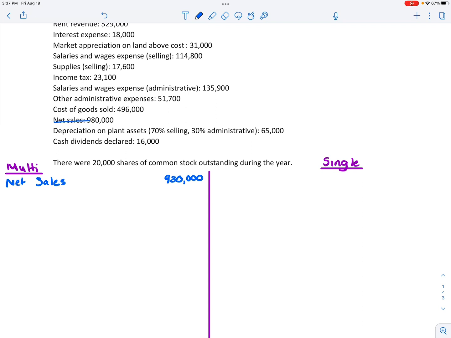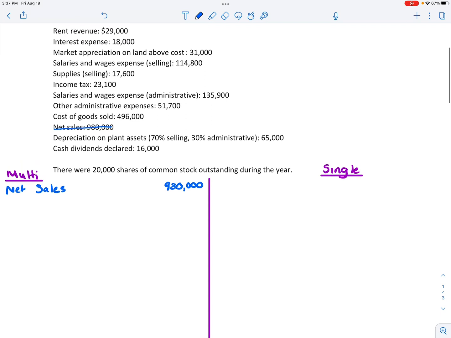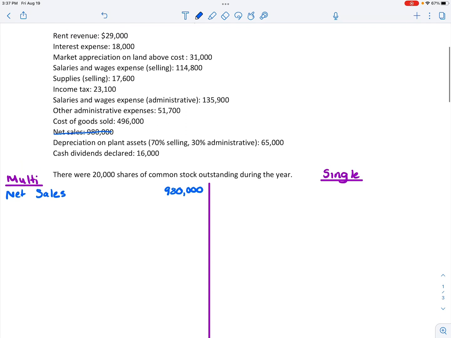What I like to do is cross out the amount I've used so I know I don't go back and try to take it again. It also gives me less to look at and find when I'm trying to complete the work. The next step in your multi-step income statement is to bring in your cost of goods sold.